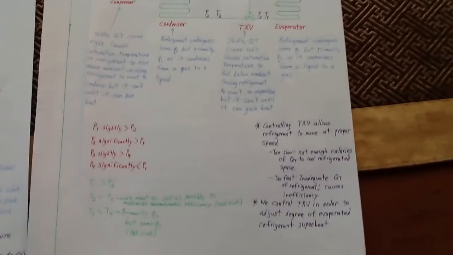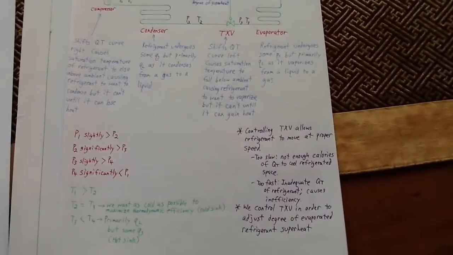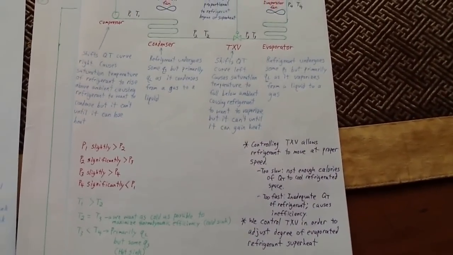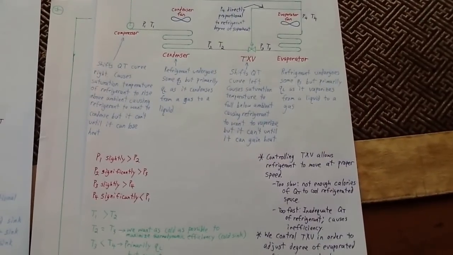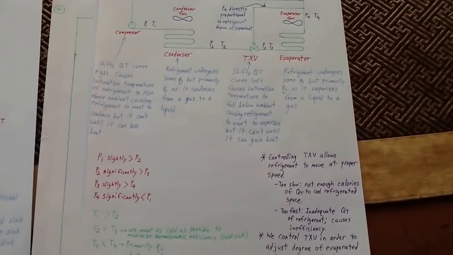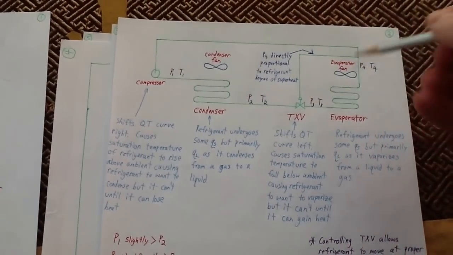Okay, more notes. Controlling the thermal expansion valve allows refrigerant to move at the proper speed. Speed isn't something that the engineers really are concerned with when it comes to the refrigerant, but from a layman's perspective, the speed that you go through the system, if you're an individual molecule of refrigerant, is kind of important.